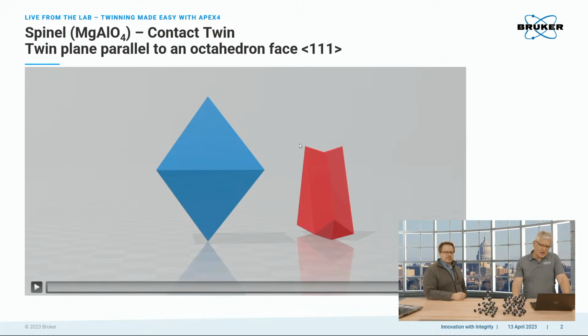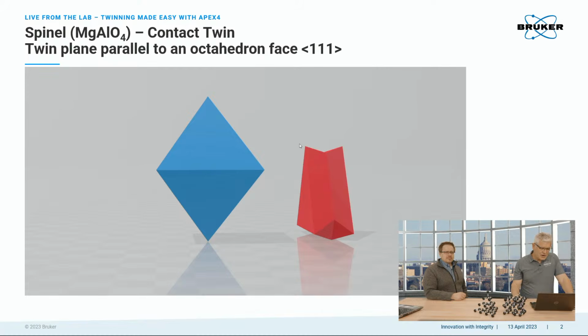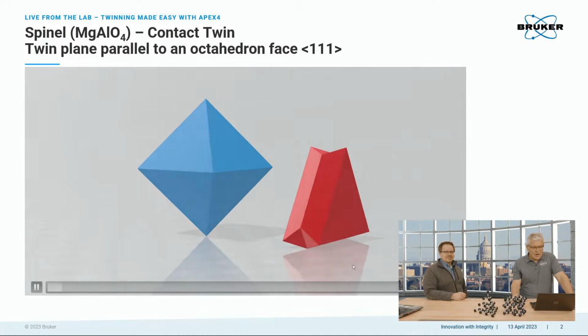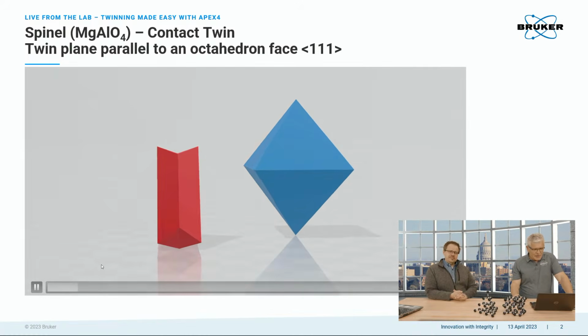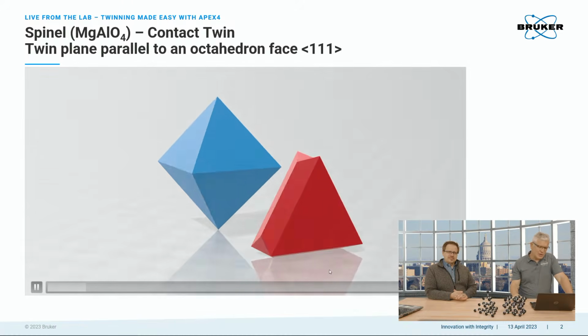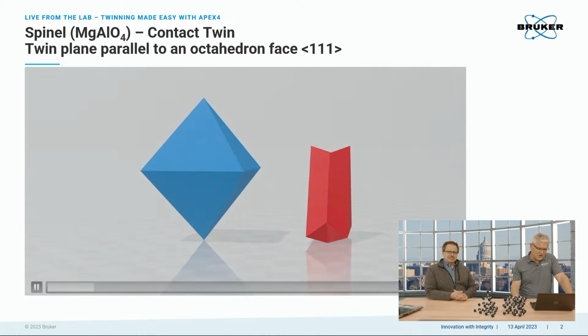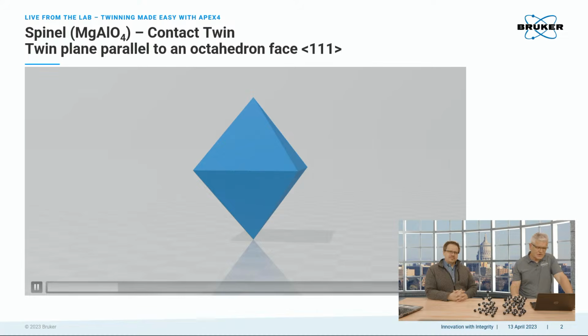What I have here in this simulation, on the right side, you see a spinel twin. And let's hope this starts. So this sort of trigonal tabular prism, that's the twin. You can also see that it's joined in the middle, and it has concave faces, which do not happen in single crystals.